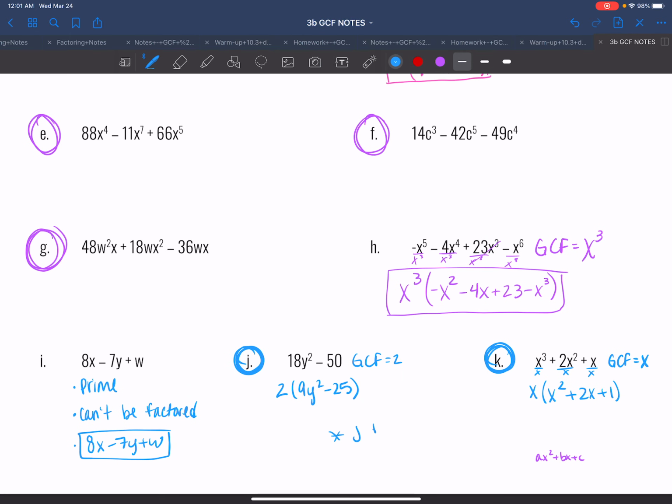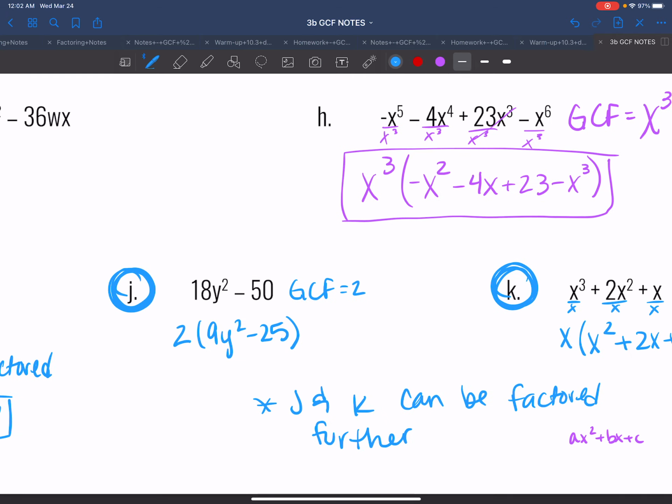So J and K can be factored further. So it wouldn't be completely correct for us to just stop here, box that as our answer and be good. But on Friday, we're going to learn how to completely factor these. So that's why I'm circling them, because they're not complete yet. So we will learn how to do that on Friday.